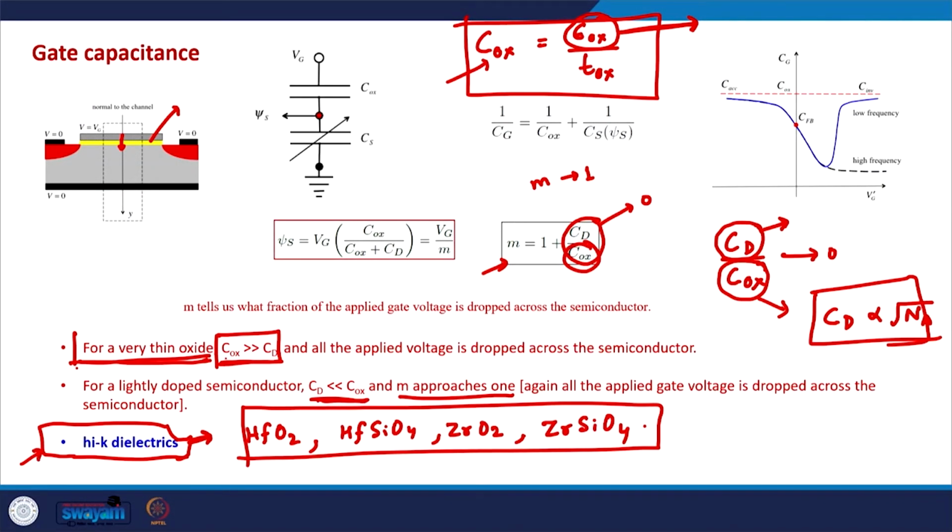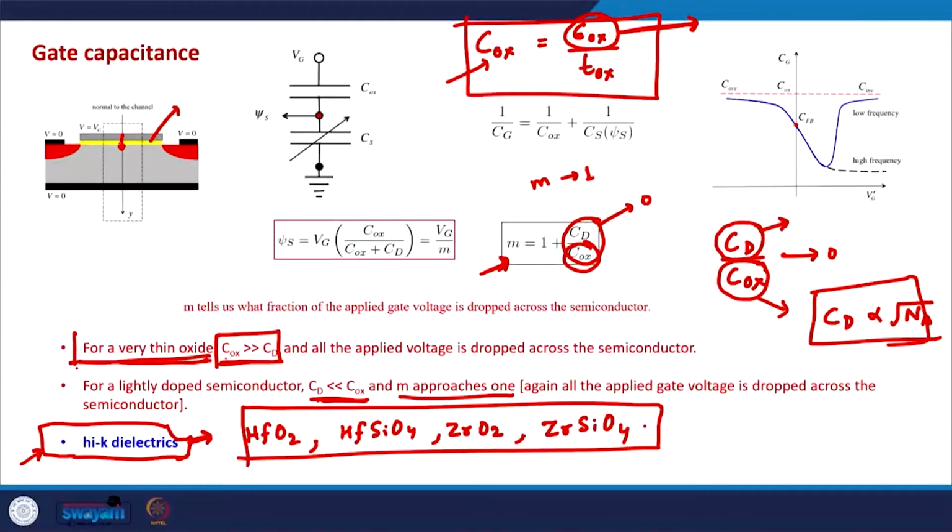Apart from having a better body coefficient, these high K dielectrics are also useful to make smaller or miniaturized devices, because as we miniaturize the MOSFET, the oxide thickness also needs to be made smaller in order to have a better current. And as we just discussed, we cannot make oxide arbitrarily thin, because that would lead to an increase in the tunneling current, tunneling from the gate to the semiconductor.